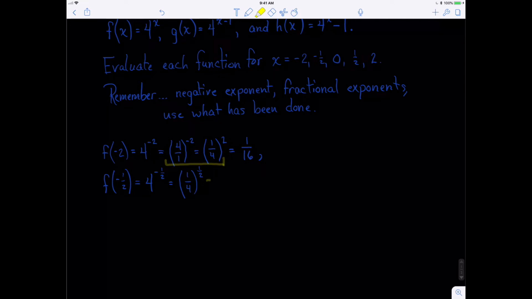Now this is a fractional exponent, and we work with those. Remember the numerator. In a fractional exponent, you have some number, we'll call it the base. The top number is the exponent, and the bottom number is the index. By that, I mean if you write it this way with a radical, the index is the root that you're taking.